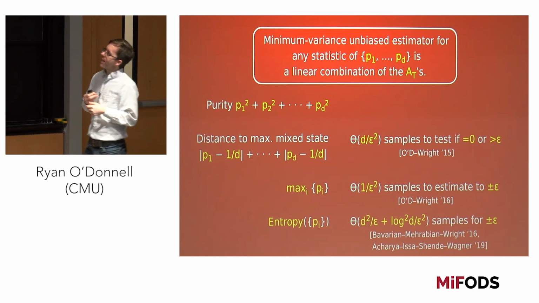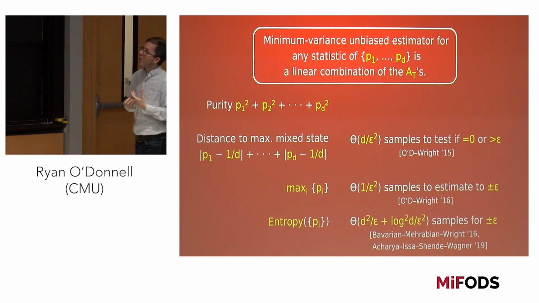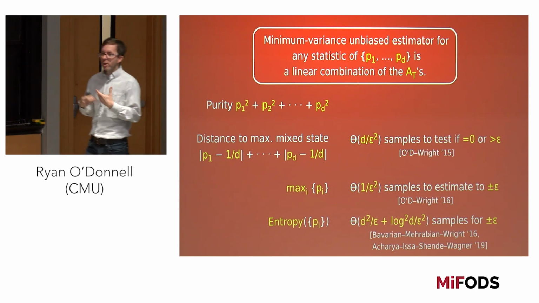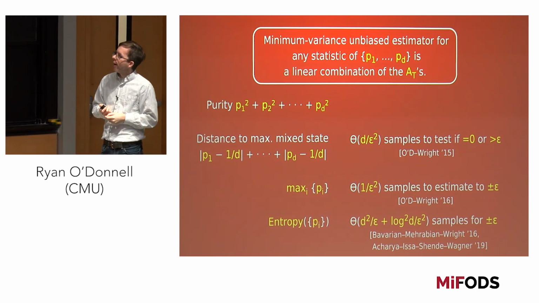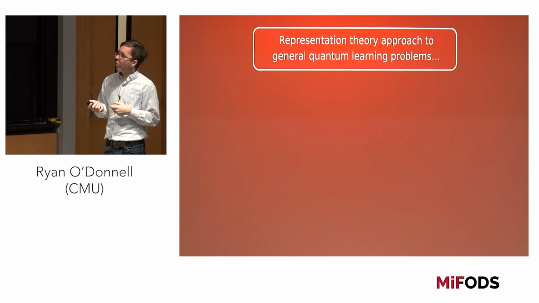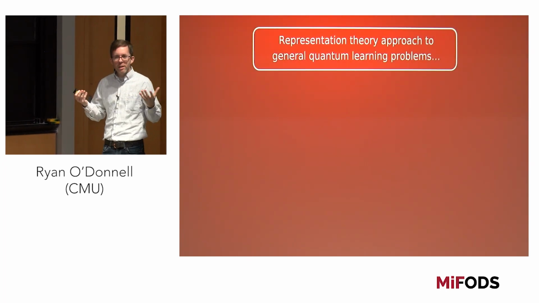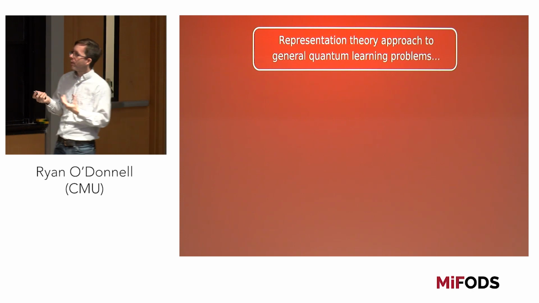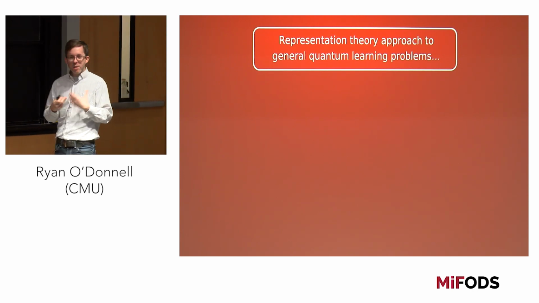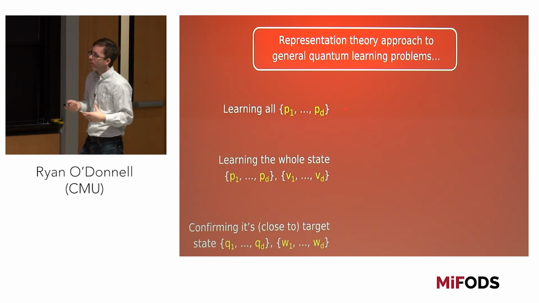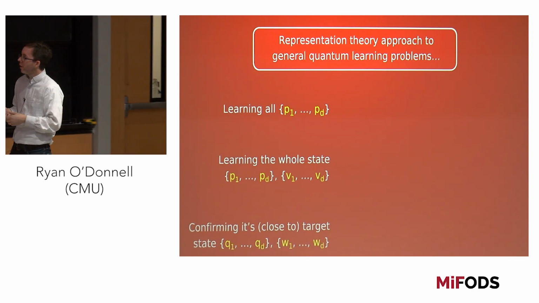In general, you can actually extend this representation theory approach to quantum learning problems where you're not just trying to learn a real valued statistic of the p's. For example, you might want to try to learn all the p's. So now your output is d numbers, not just one number. Or you might want to learn the whole state, which means the p's and the v's. You have to define that a little bit carefully.